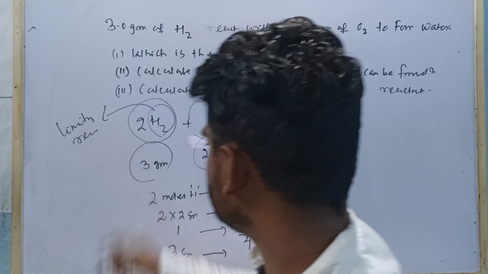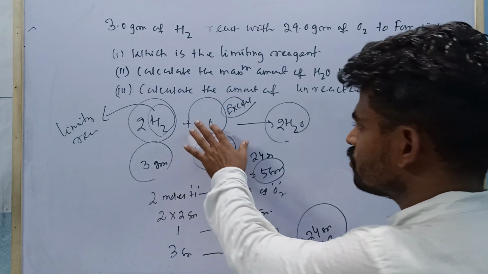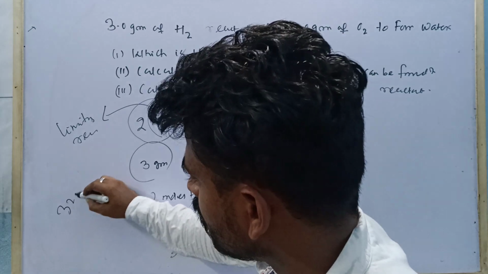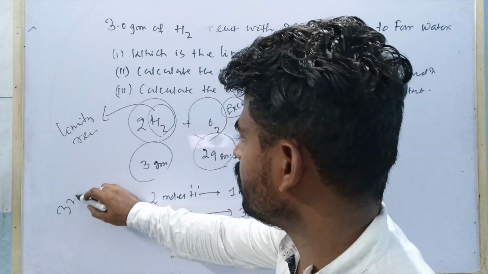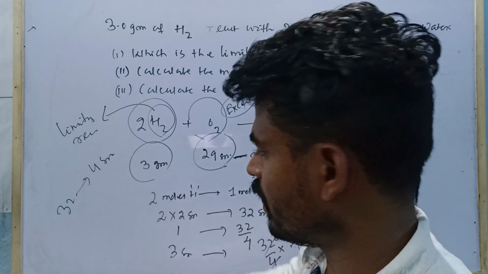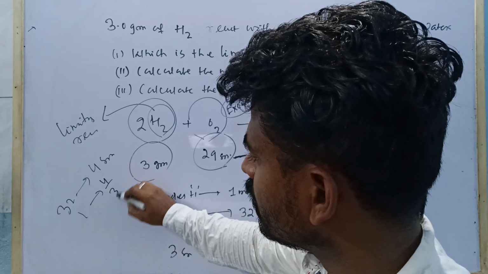Limiting reactant. Again, you convert the statement. Here 32 gram of oxygen requires 4 gram of hydrogen. So 1 gram of oxygen requires 4 by 32.